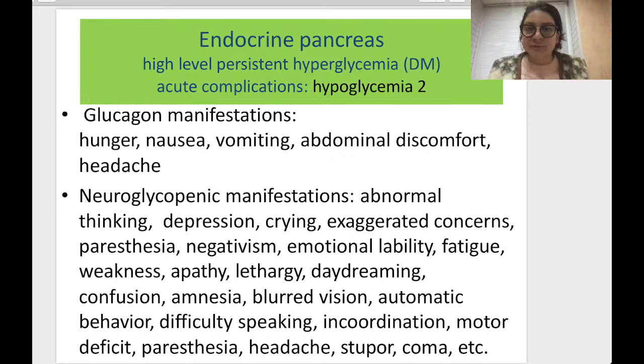Even if we don't have the possibility in this moment to rapidly check the glycemia level, the first management is to give something sweet to a conscious patient, and for an unconscious patient, inject IV glucose, even if you are not sure that it is hypoglycemia, because the situation is really dangerous.